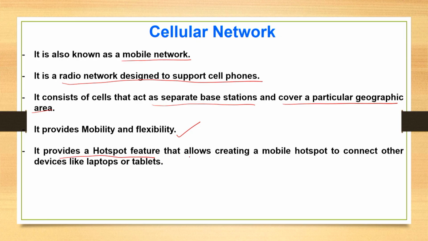What is that? It allows creating a mobile hotspot to connect other devices like laptops or tablets. So whenever we want to connect to the internet and you have a mobile phone, then with the hotspot feature, you can have an internet connection on your laptop.